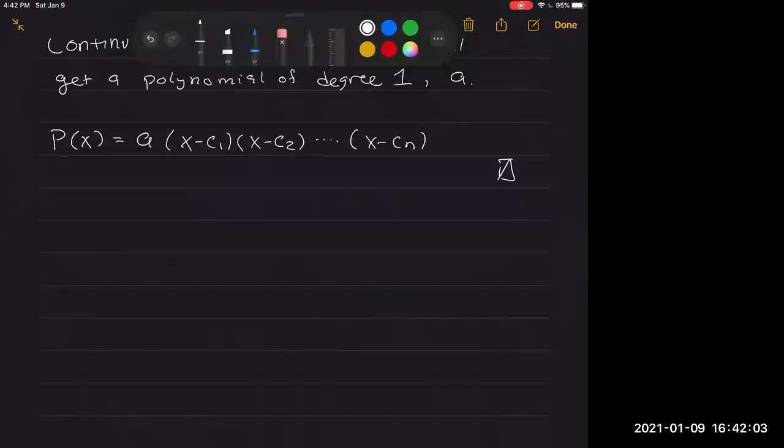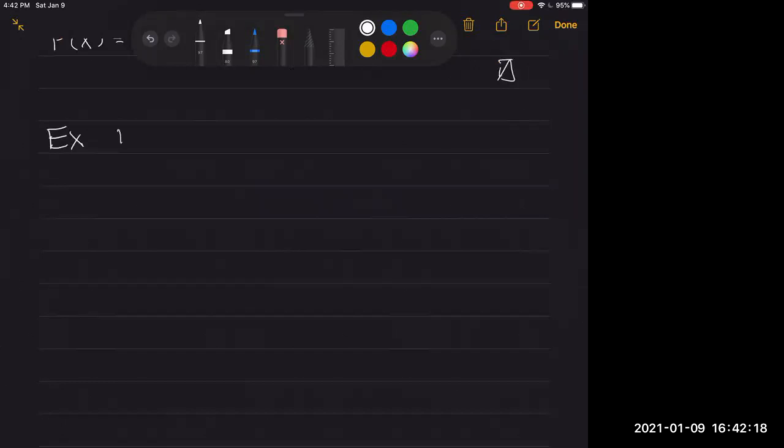All right, so moving on from here, the pages in my notes stuck together. There we go. We're going to do an example where we factor a polynomial completely.